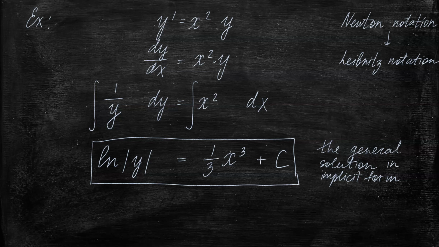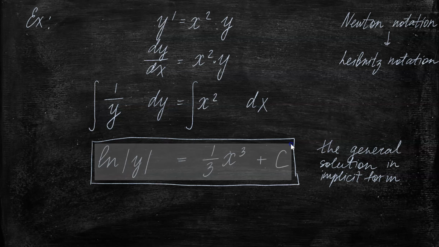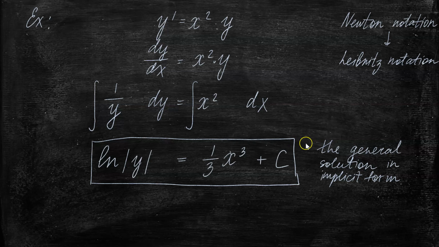So technically we solved it, because at this point we don't really care if your function is written in implicit or explicit form. However, frequently we would also like to write this solution explicitly. Again, I just want to emphasize this: it requires an additional step.